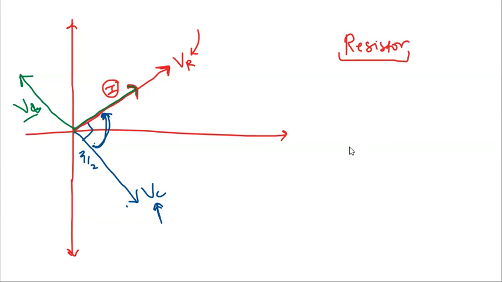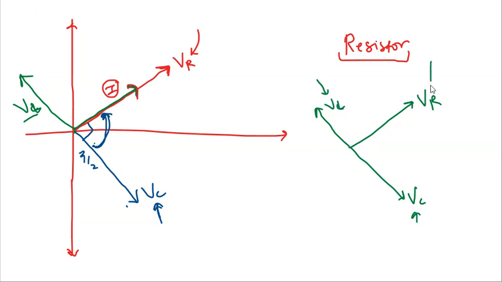So what we have is VR in this direction, parallel to the current, VL in this direction, and VC in this direction. This is the voltage across the capacitor, this is the voltage across the inductor, and this is the voltage across the resistor. Now we'll simplify this diagram more. You can see VL and VC are opposite. Suppose VC is greater than VL. So the final diagram will have VR, and VC minus VL.